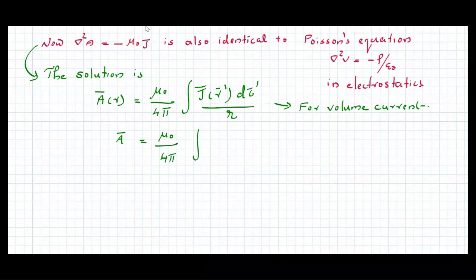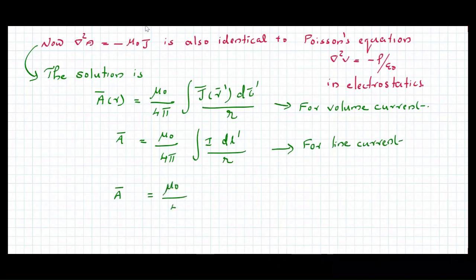Now we can define the vector potential for line current and surface current also. For line current, A is given by mu 0 by 4 pi integral I dl prime by r.